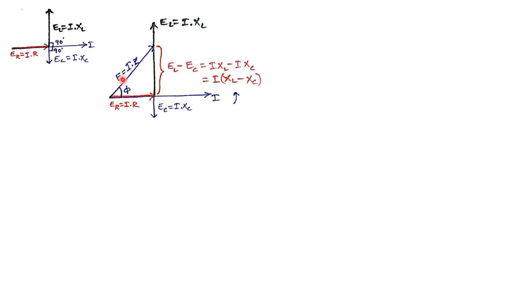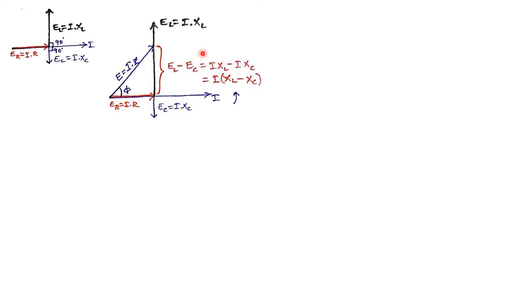So resultant voltage E is equal to I into Z, which will be leading the current I by an angle phi. So from this vector diagram it is very much evident that the nature of the circuit is inductive. Okay.